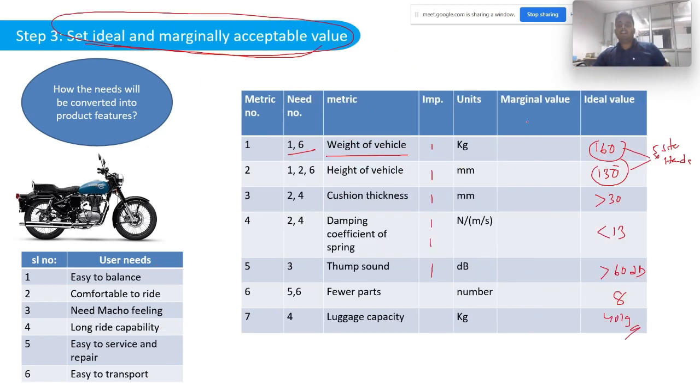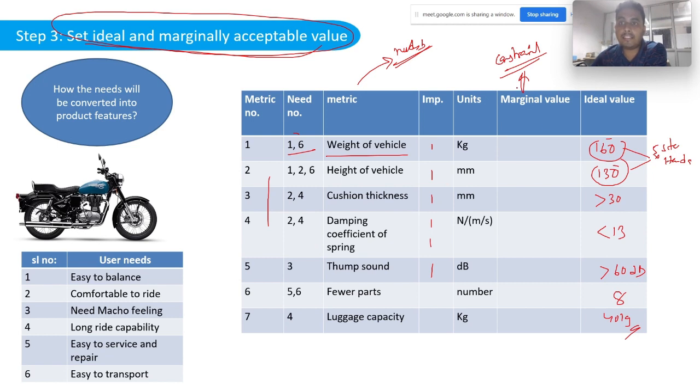Now, marginal values are those values which are less than or greater than the ideal value because of certain design constraints, because these are not all the needs that your product is going to fulfill. You may have another set of needs. For example, you want a bigger, more powerful engine, which is not taken care of by these competitors.